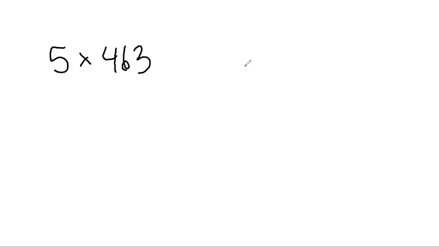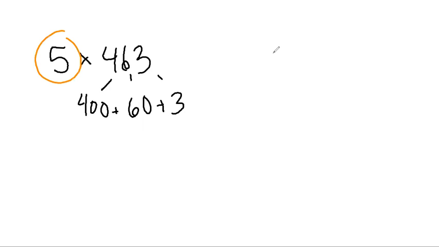But let's start by breaking the number into expanded form, looking at each place value. So I have a 4 in the hundreds, so that's worth 400. I have a 6 in the tens, so that's worth 60, and a 3 in the ones. So it's 400 plus 60 plus 3. I'm going to be multiplying 5 times each one of these numbers.